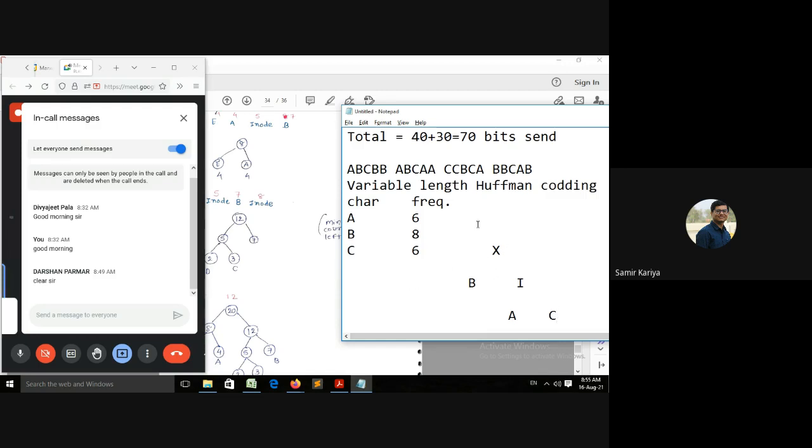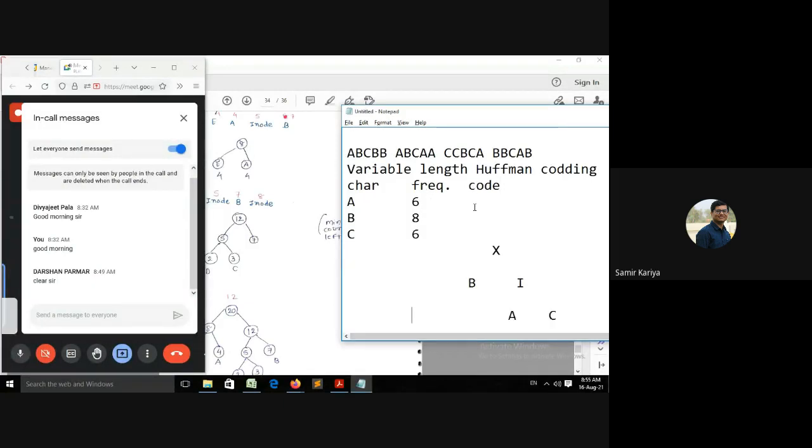And when you write the coding for this one, you will get the answer for capital A, that's 10. Capital B, 0 only. Capital C, 1.